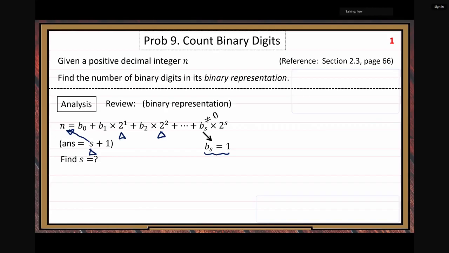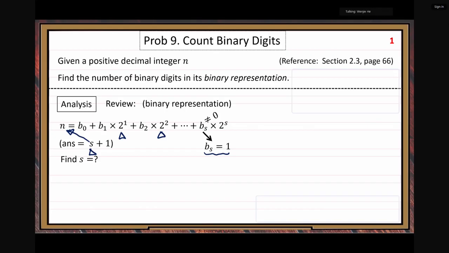Look at that formula. Can you use a divide and conquer way to derive a formula for S? The divide step is important here.